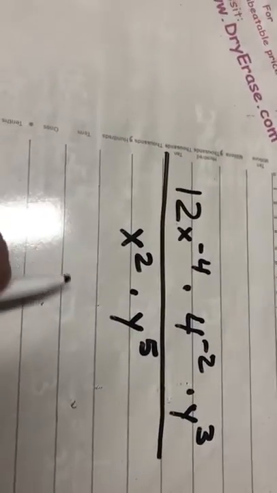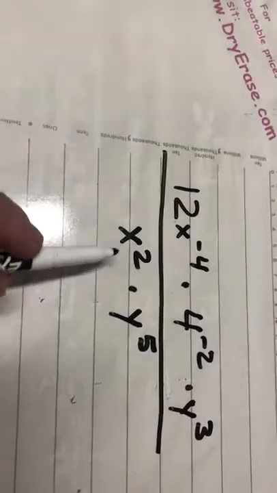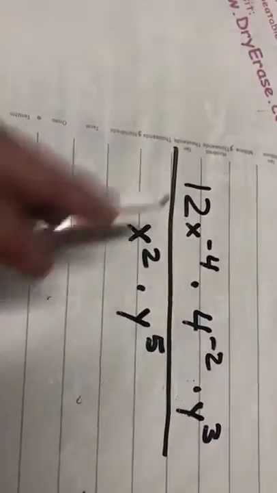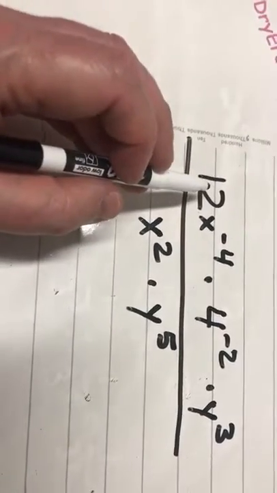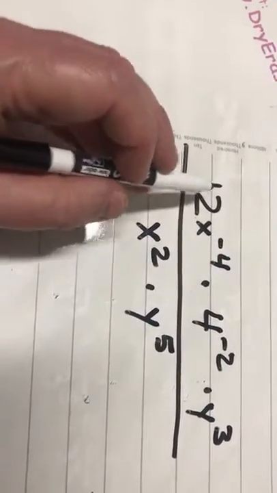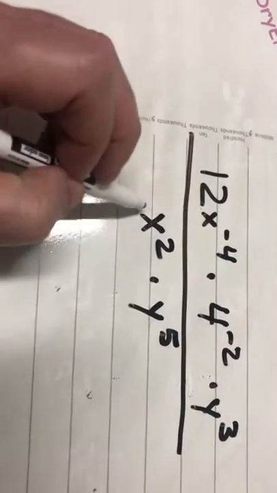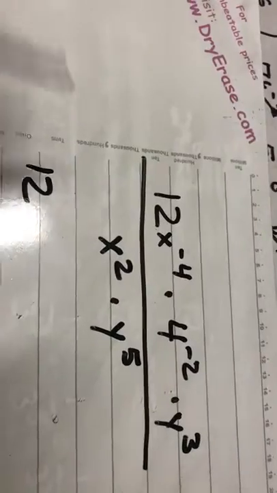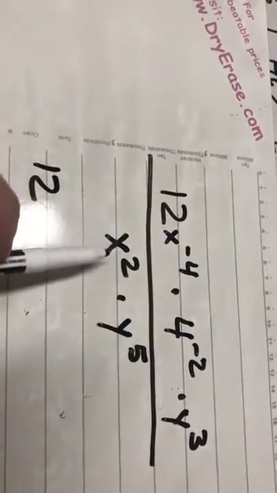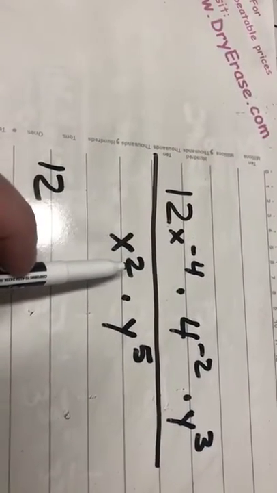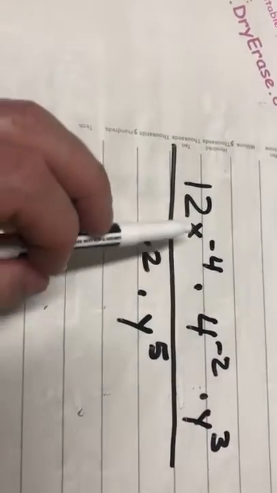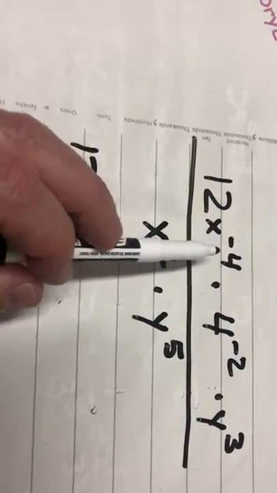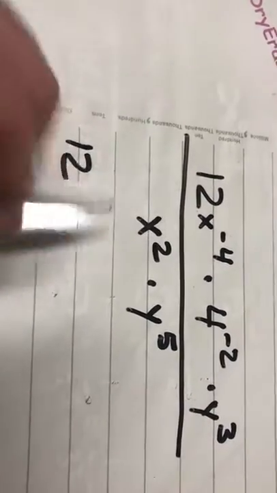So first, let's look at things that can be combined. I'm thinking about x to the power of negative 4 and x squared. 12 divided by 1, because that's what would be here, would be 12. Then x to the power of negative 4 divided by x to the power of 2 would be x to the power of negative 6, because negative 4 minus 2 is negative 6.